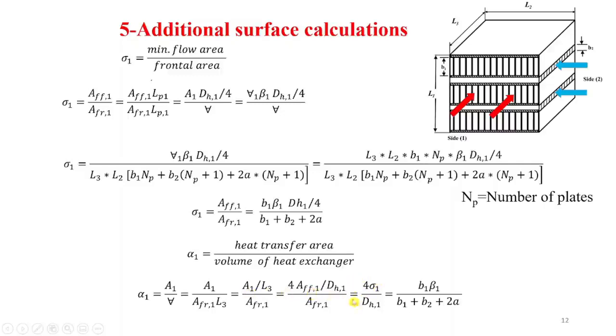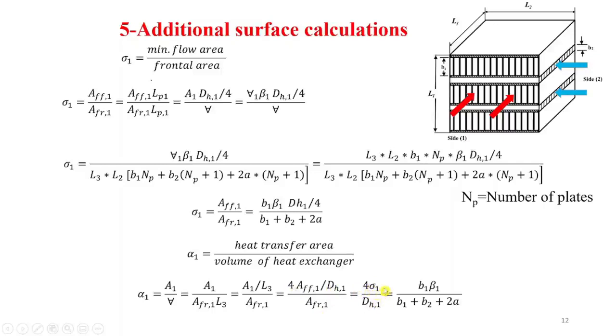And after that we can get to this expression, which says 4 times sigma divided by the hydraulic diameter 1, since actually the free flow area divided by frontal area is sigma, and 4 divided by dh.